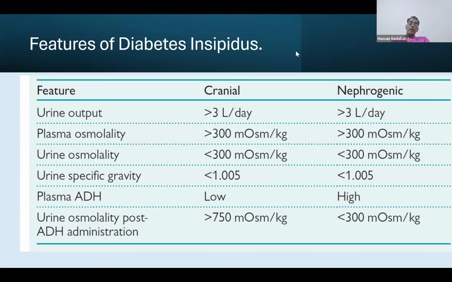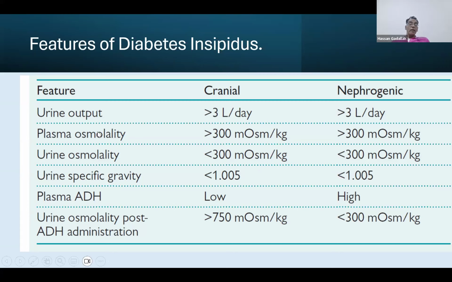So if we would like to differentiate between the two common types of diabetes insipidus, either central or nephrogenic, we'll find that they are almost similar in many criteria, like urine output. Usually it's very profuse urine output, more than 3 liters per day. Sometimes it reaches up to 10 liters, 15 liters per day.